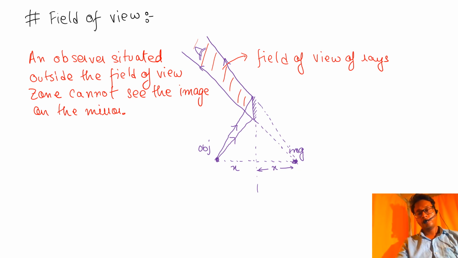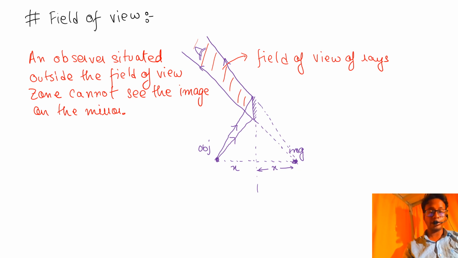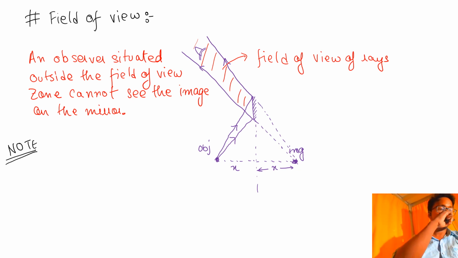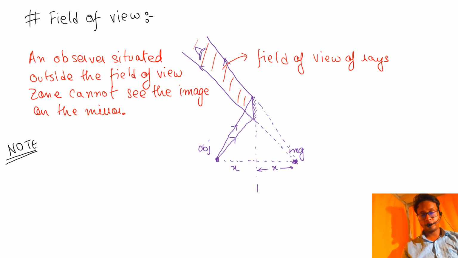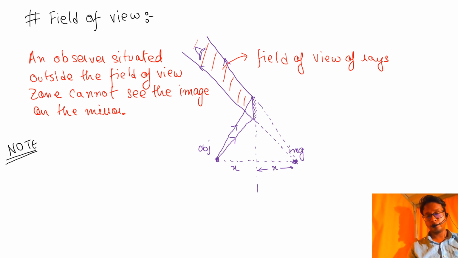Okay, now just write down a note. This note will form an important aspect of plane mirror. First write down the note, then I'll tell you what the note means.